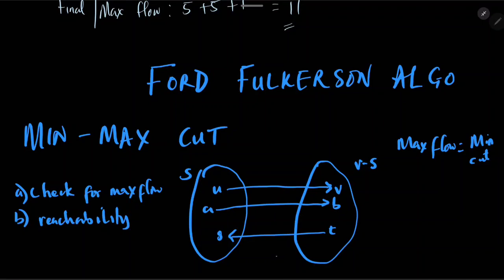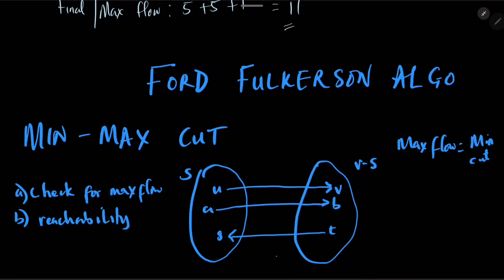So before you draw your min-max cut, you want to check for max flow, and it's not or, you want to check for reachability. Can any of the edges pointing to the sink still be reached all the way from the source? That's what you want to check. If you can, we can't have a min cut yet.